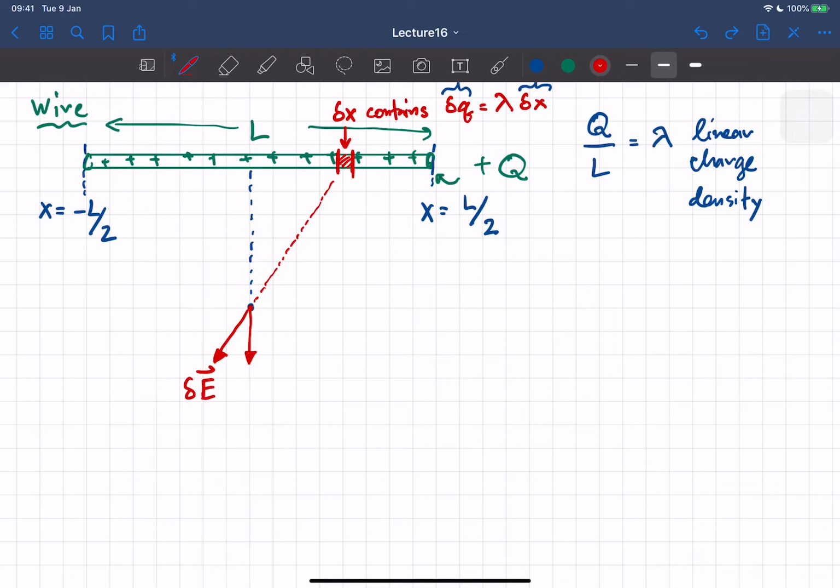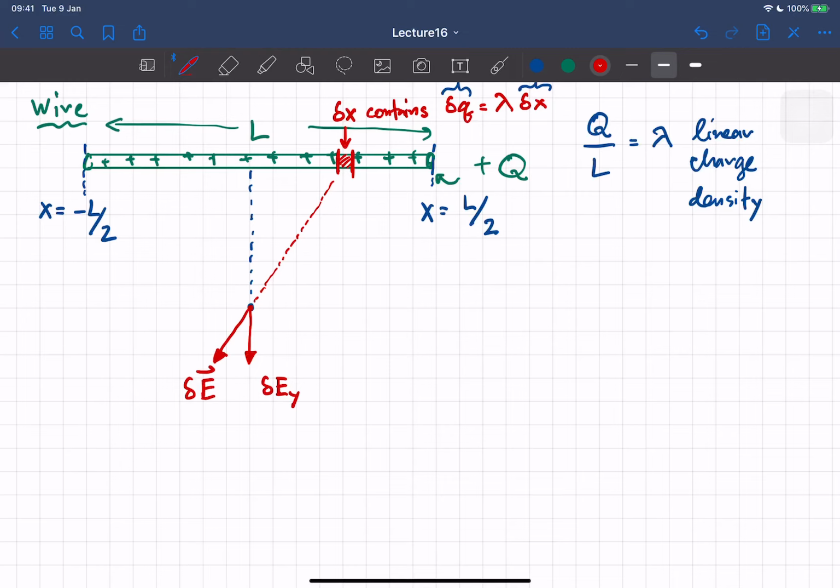So that being said, we can write the y component of this electric field as delta E y. This is good because we know that the electric field is going to point down, so we can forget about the direction of the electric field at this point.